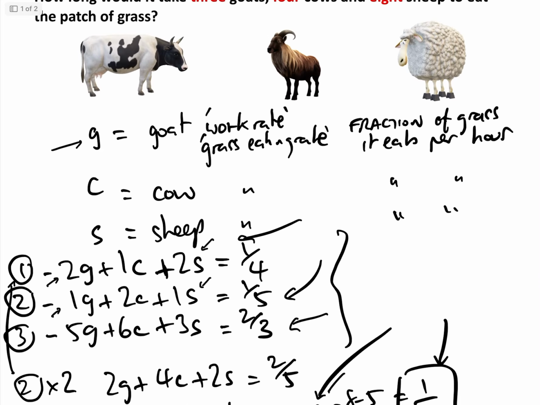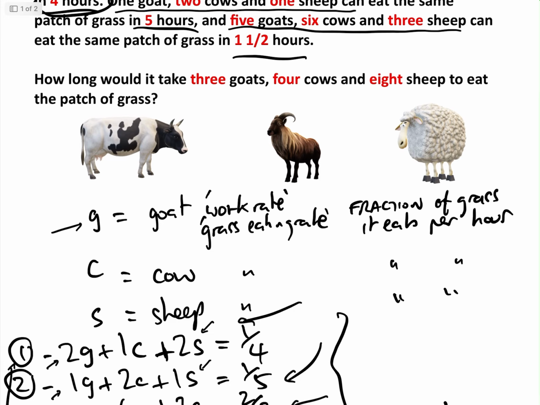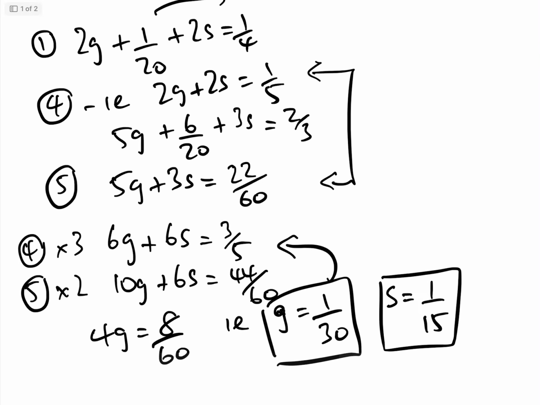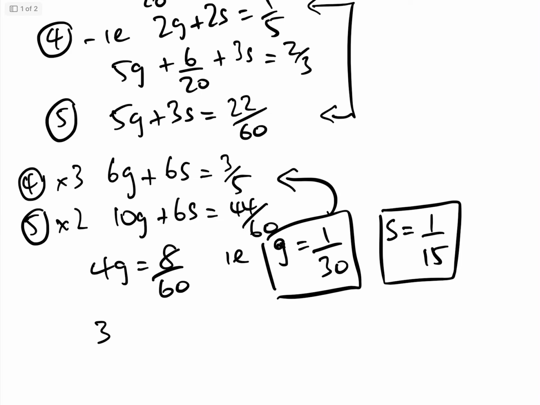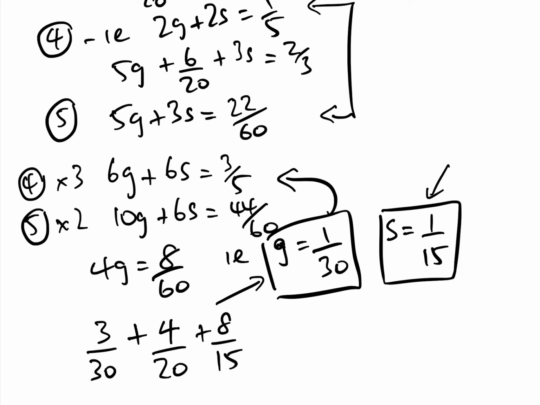Okay, so now all we need to do is complete the question. How long would it take 3 goats, 4 cows and 8 sheep to eat the patch of grass? Well, 1 goat eats 1/30th, so 3 would eat 3/30ths per hour. 1 cow eats 1/20th, so 4 cows would eat 4/20ths per hour. And 1 sheep eats 1/15th, so 8 sheep eat 8/15ths per hour.